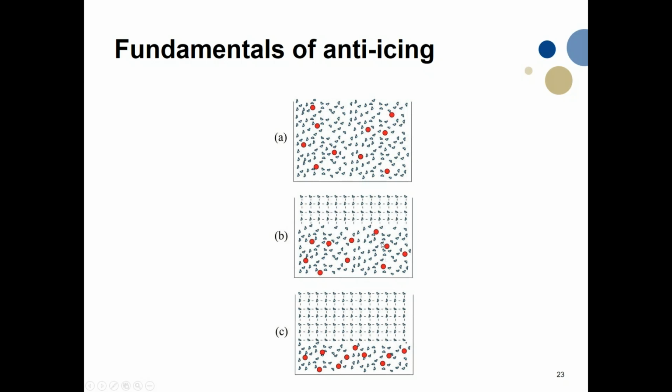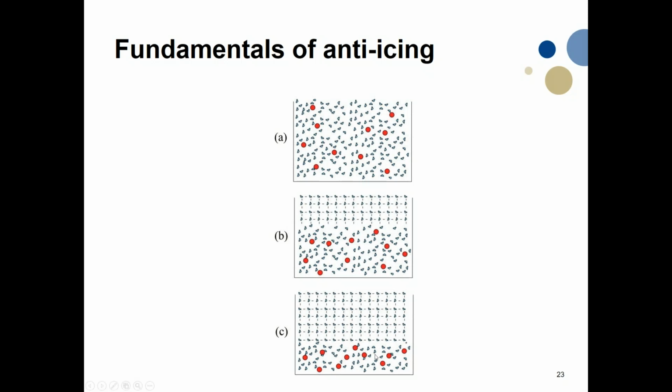And at some point, since more water is removed from this area but the same amount of salt is there, the concentration goes up. And as the concentration goes up, your freezing point goes down again, as we've seen in the phase diagram. So at some point, the freezing will just stop.